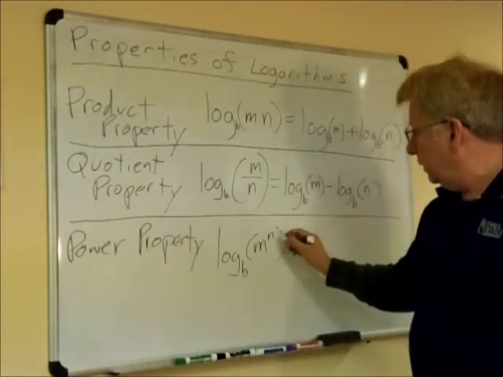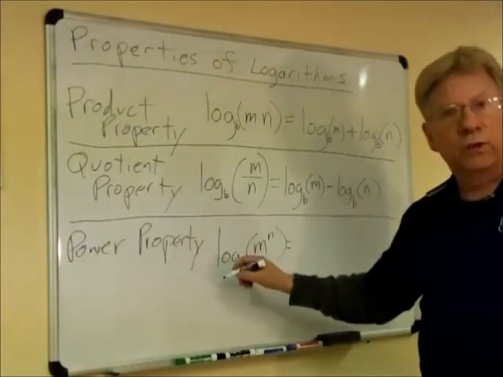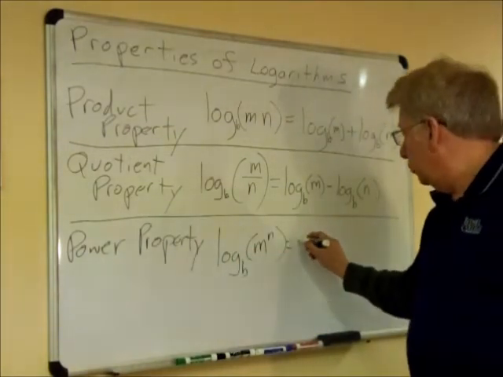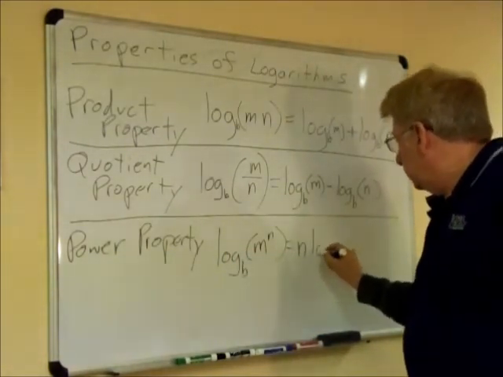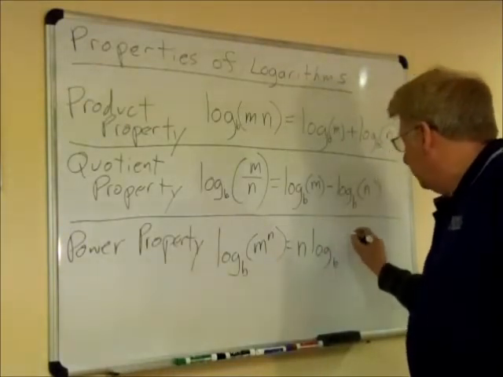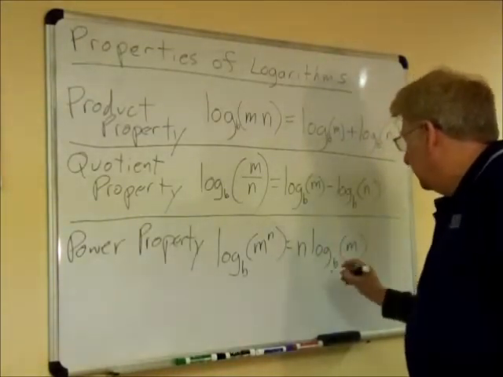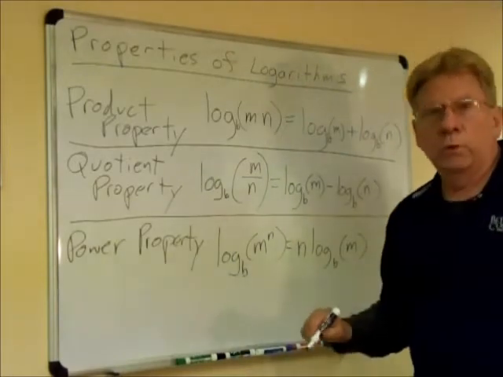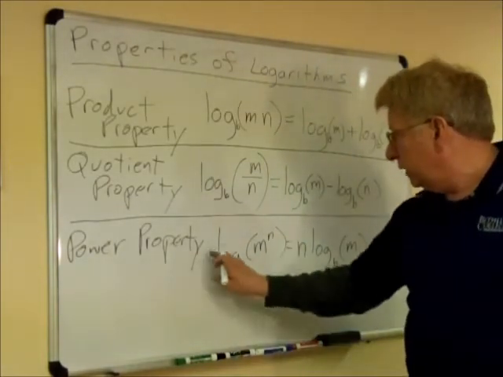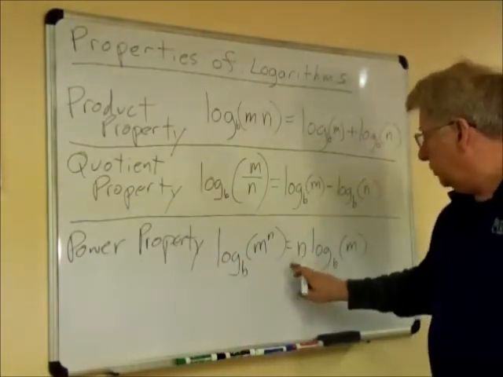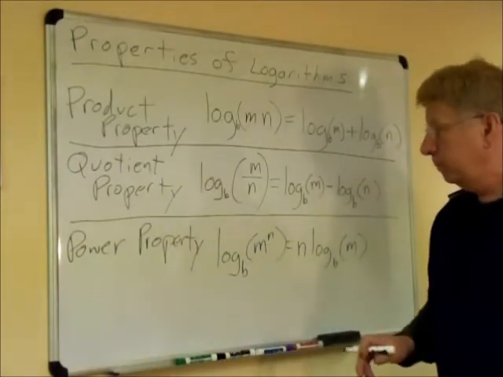And to do that, the nth power just goes outside of the whole thing. So we go n times the log base b of m. So when you have a power, it's pretty easy. You just take it to the outside. n times log of m.